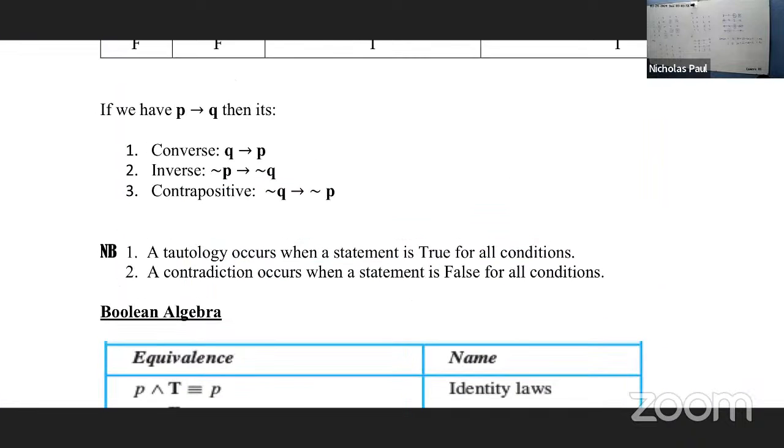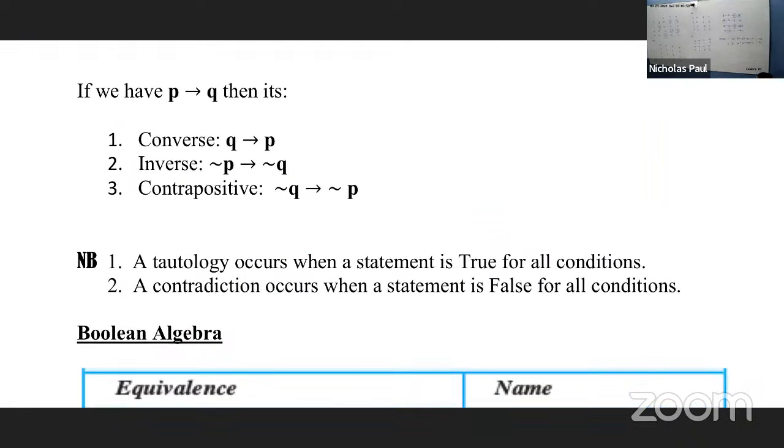Next, we need to remember converse, inverse, contrapositive. Converse, switch it around. Inverse, negate it. Contrapositive, negate it and switch it around. Okay? A tautology, everything is true. A contradiction, everything is false.